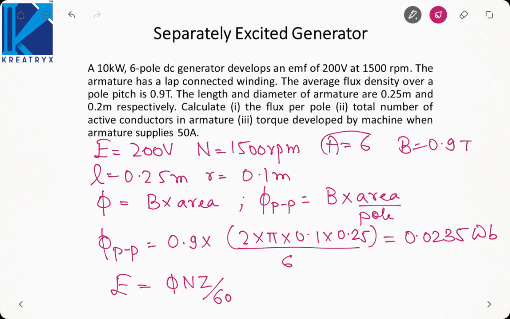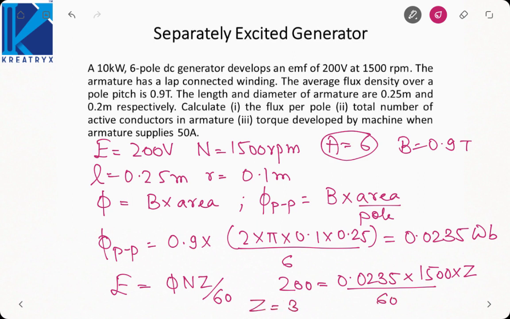Because it is lap winding, P is equal to A, so it will get cancelled out. Now we know EMF 200 is equal to 0.0235 into 1500 RPM into Z, which we do not know, by 60. Z will come out to be almost 340, which means we have 340 conductors in the armature.